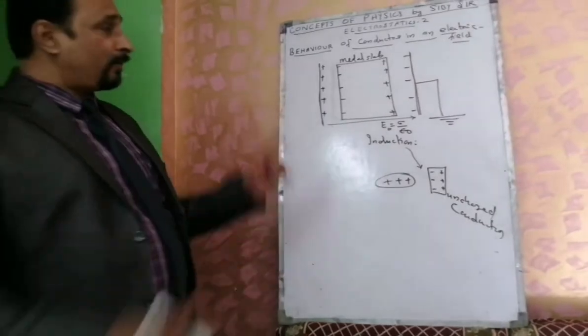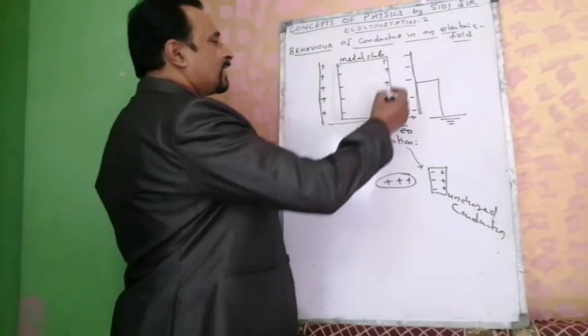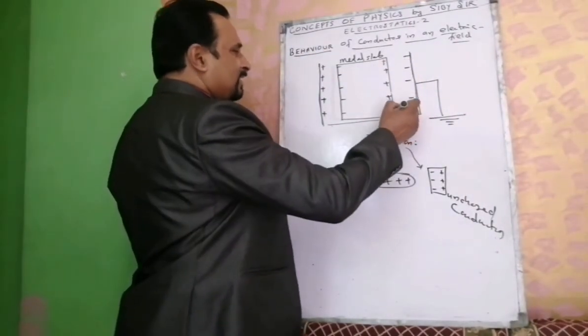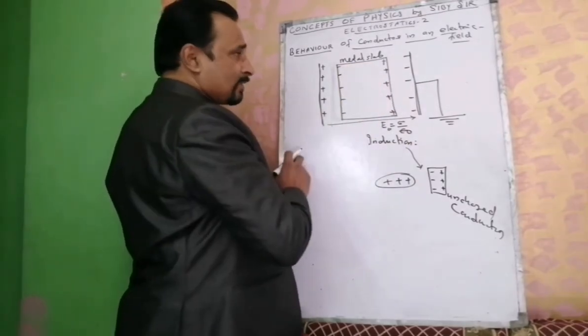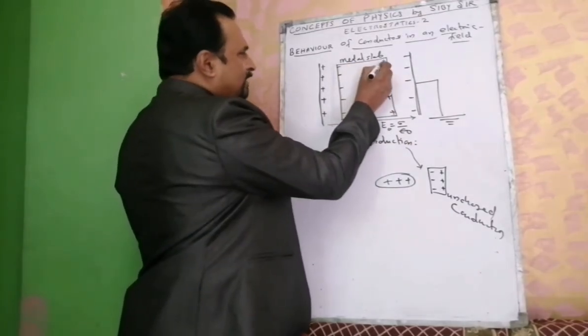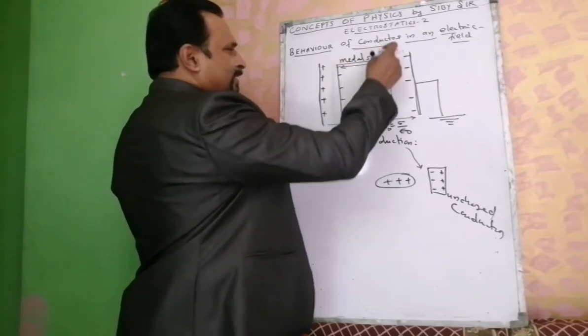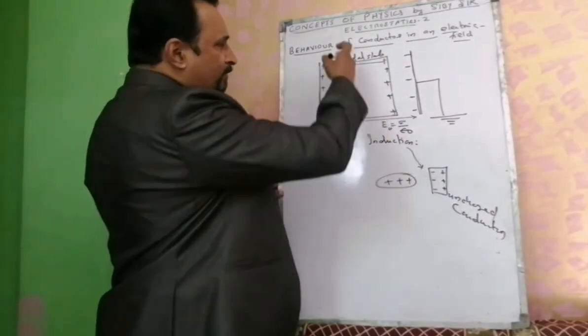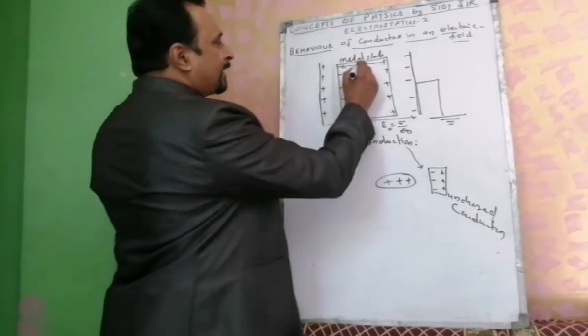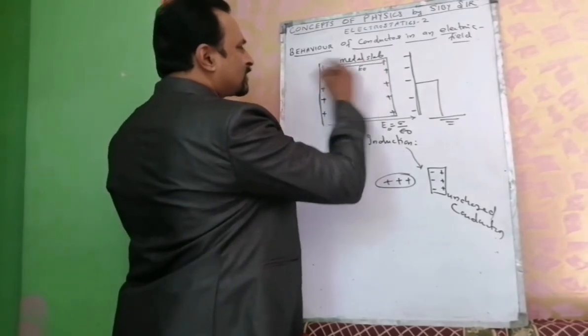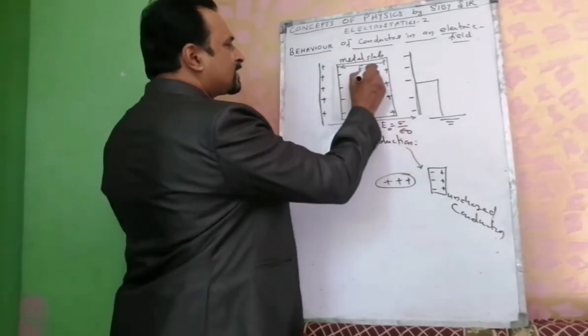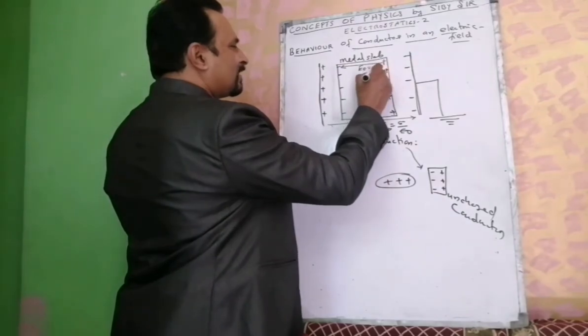Is it right? Now, if you introduce this metallic slab, you can see the same number of positive charges here and the same amount of negative charges here also. So there is again an opposite electric field from the positive side of the metallic slab to the negative side of the metallic slab, and that is also E naught, sigma by epsilon naught.